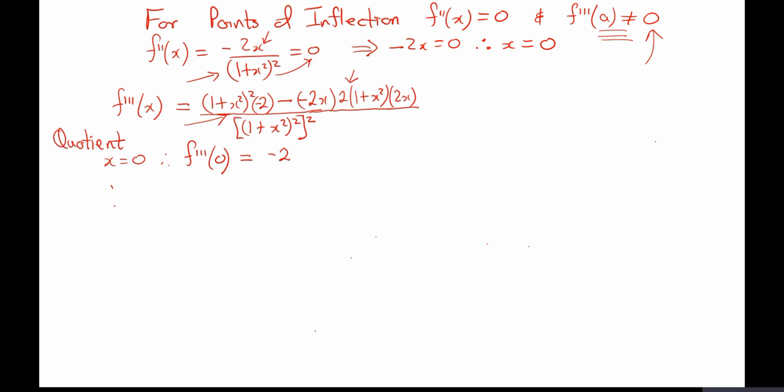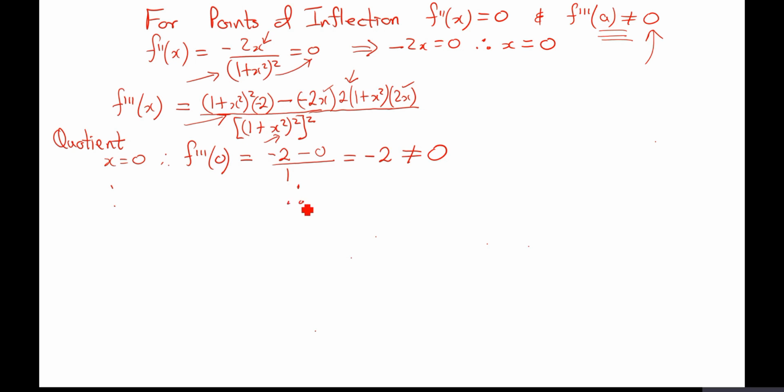This entire fraction, that entire term, has a 0 there and a 0 here. 0 times 0 will simply give me 0. In the denominator, notice that is 0, so I'll get 1 all squared, which gives me 1. Meaning I get an answer of minus 2 for the third derivative at 0, and that minus 2 is not equal to 0.